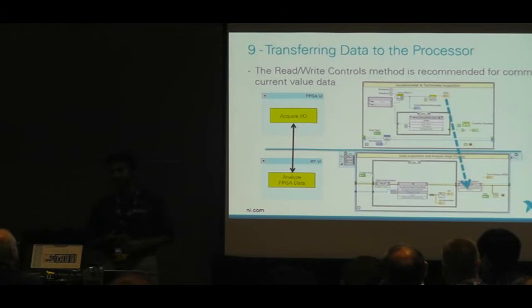The answer is typically no. Usually your RTVI is going to be running slower than your FPGA VI. That's why this is just for the single point case, if you don't care about every data point, you just care about the current data point.